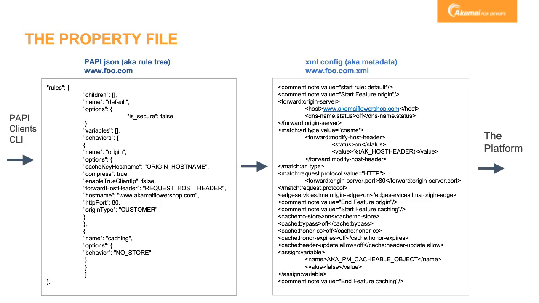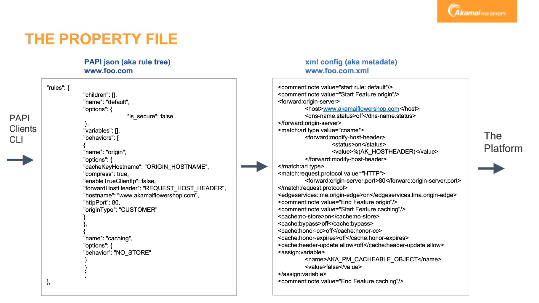Quick word on what we're actually managing. When we talk about a property file or a config in the Pappy world or Property Manager world, that translates into a JSON file. You'll see this on the left here of the slide.